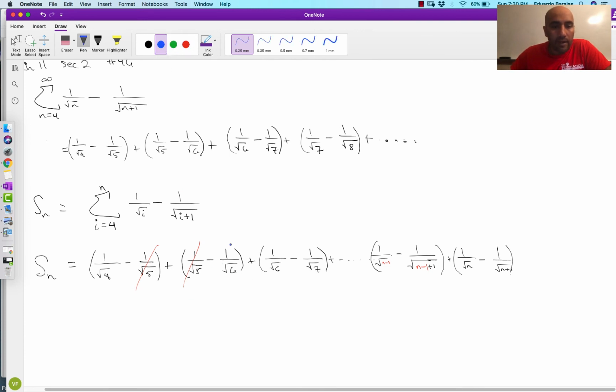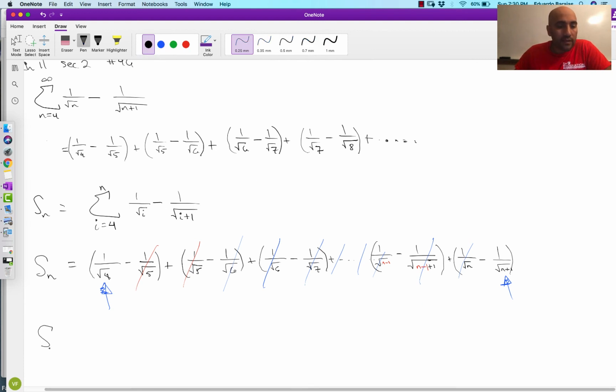And the minus 1 over root 6 plus 1 over root 6, those cancel, and then this one's going to cancel with that first one, and so on and so forth. At the end of the day, the only things that survive all that cancellation are that first term and the last term.